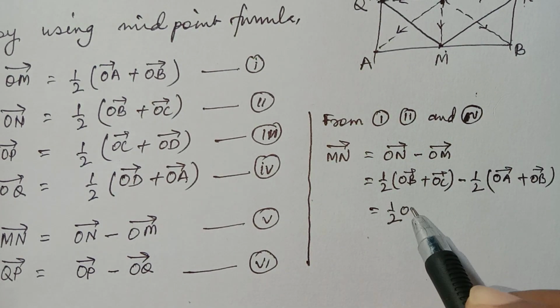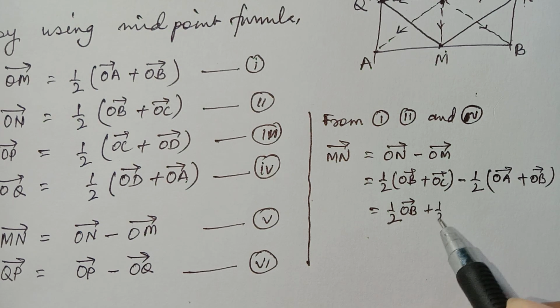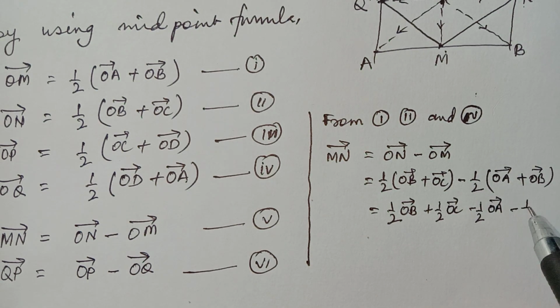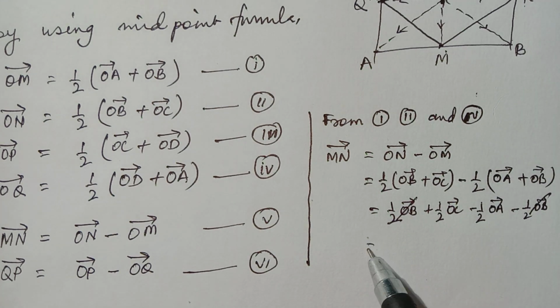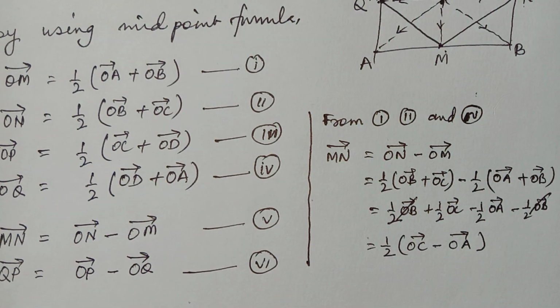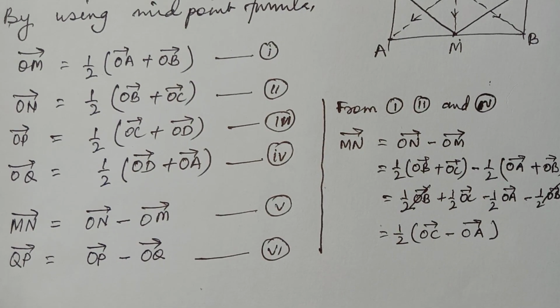Here I have half of vector OB plus half of vector OC minus half of vector OA minus half of vector OB. So OB vector and OB vector cancel, and I have half of vector OC minus vector OA. MN equals OC vector minus OA divided by 2.